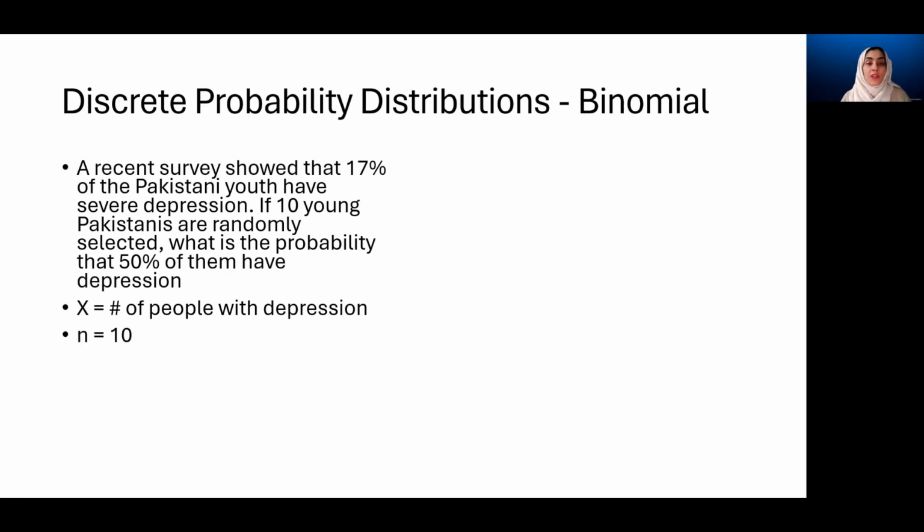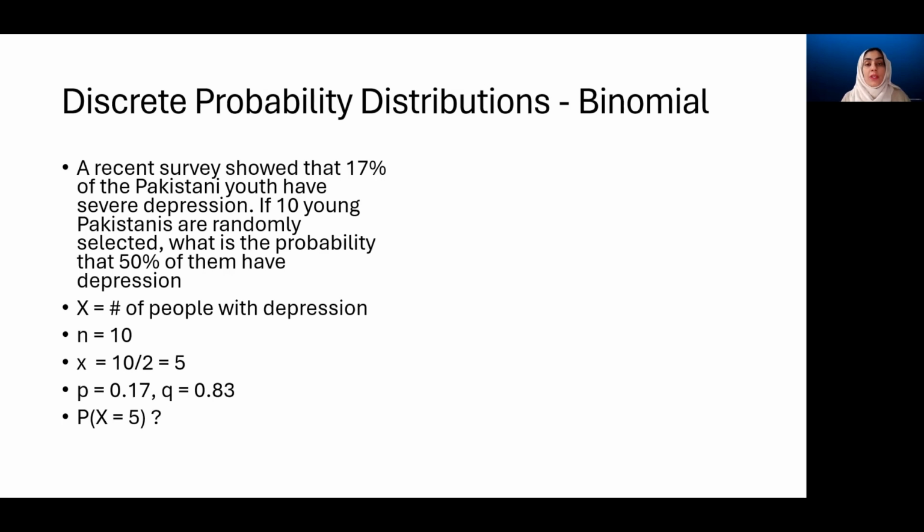Here the number of trials is 10, because we are selecting 10 people. The number of successes that we're considering is 50% of the number of trials, so here it is 5 again. Then p is 0.17, because 17% is the proportion of people who have depression, and the complement of it, q, is equal to 0.83.